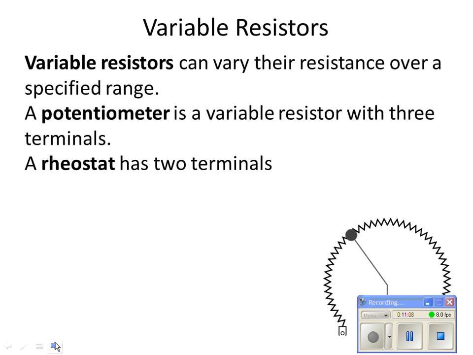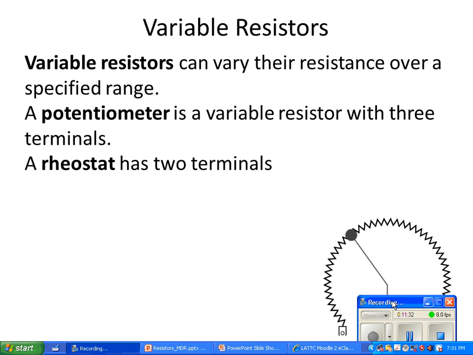Okay, variable resistors. There are two kinds, the potentiometer and the rheostat. You do need to know that one of them is 2-wire and one of them is 3-wire. Look at that slide and tell me which one has 3 wires. A pot has 3 wires. A pot, they call it, has 3 wires. A rheostat has the same terminals.